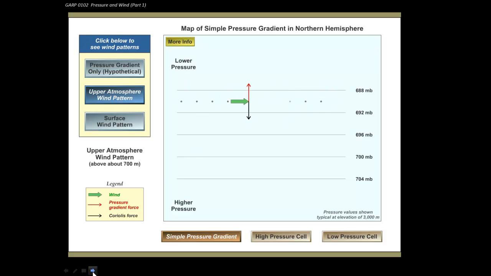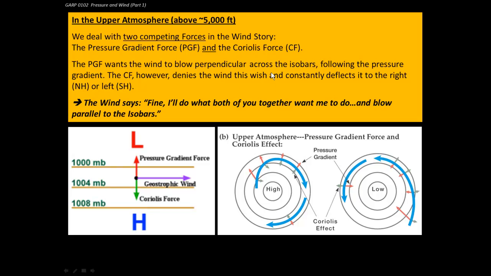So here's the story in the upper atmosphere. Upper atmosphere, again, that's as soon as you get above about 5,000, 8,000 feet. Two competing forces to deal with, the pressure gradient force and the Coriolis force. The pressure gradient force wants the wind to blow perpendicular across the isobars, following the pressure gradient. The Coriolis force says, I'm not going to allow you to do that.